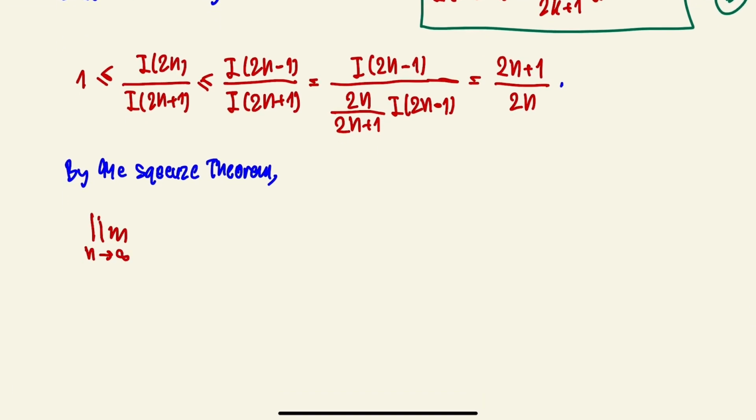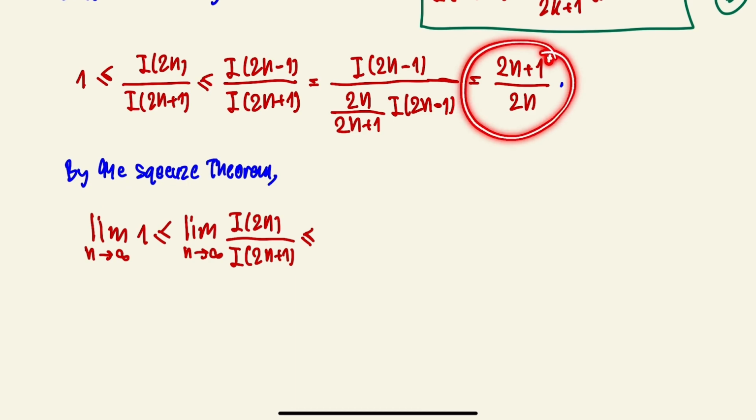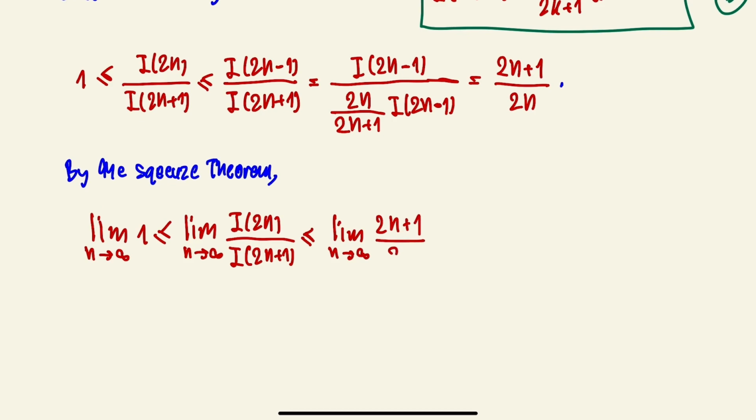As n approaches infinity, the limit of I of 2n over I of 2n plus 1 is less than or equal to this term, which is the limit as n approaches infinity of 2n plus 1 over 2n. This is obvious, which is 1.